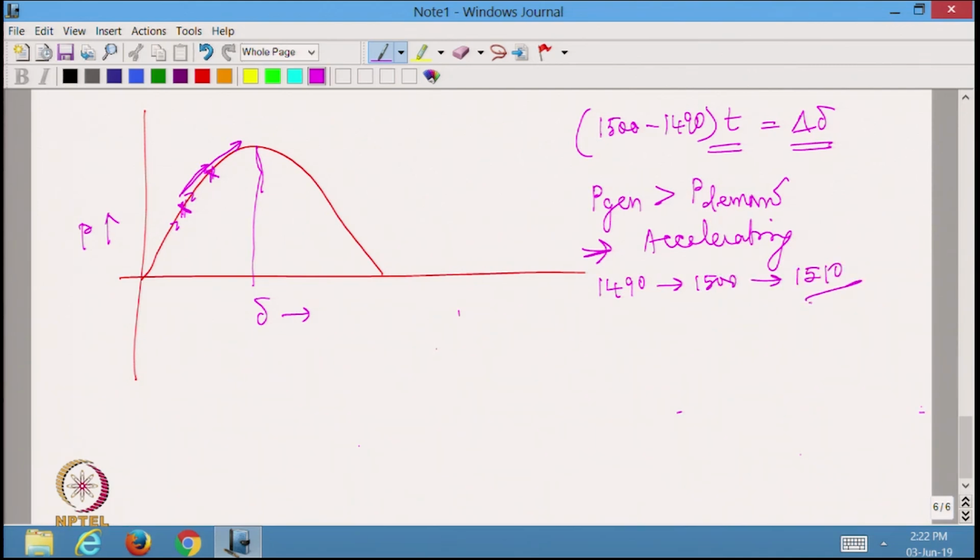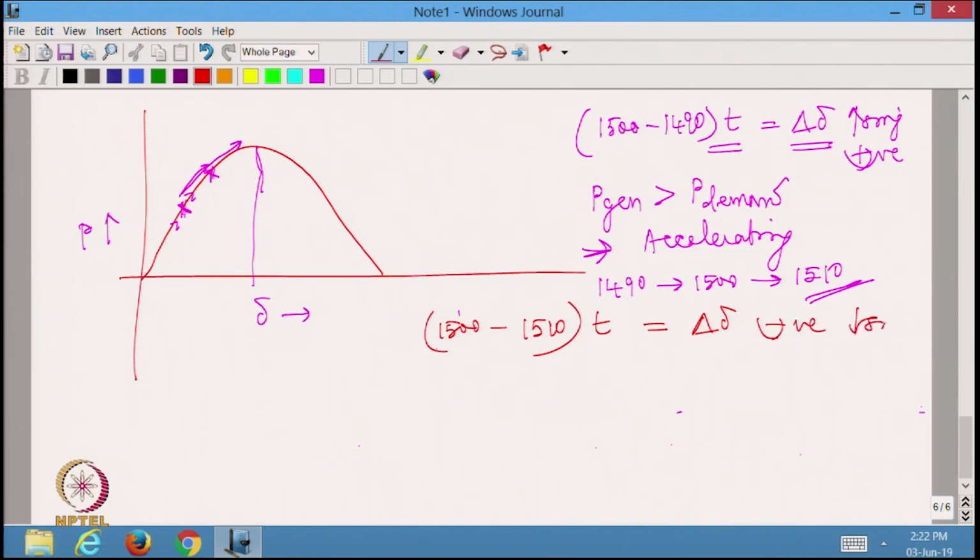When it goes to 1510, what will happen is, delta was increasing or positive, whereas now when the speed becomes 1510, 1510 subtracted from 1500 is going to mean negative velocity, which will make delta negative or decreasing.